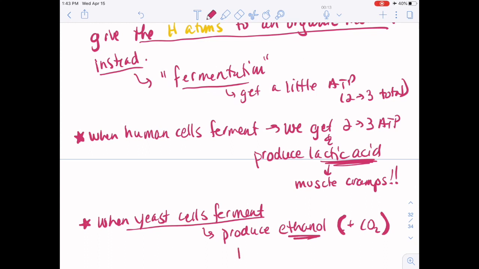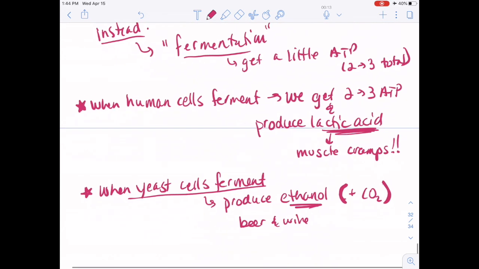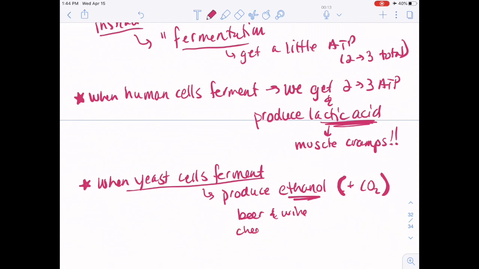This is how beer and wine are produced. Beer and wine are fermentation products. Cheeses are produced through fermentation. Yogurt is a fermentation product. Sauerkraut. We talked about sauerkraut when we were still having in-person classes.